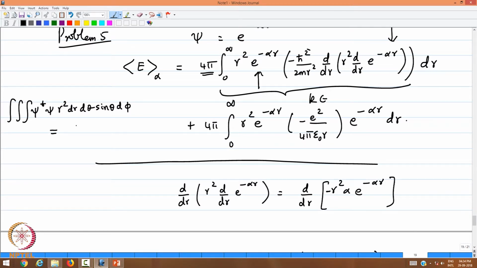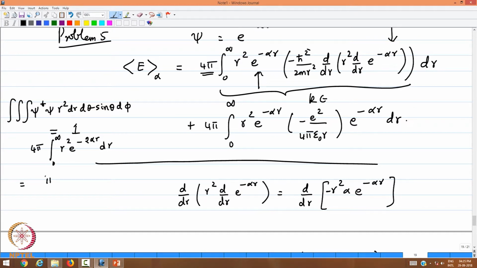This should be set equal to 1, and the answer to this will be 4 pi, that comes from the angular integration, and the integral is 0 to infinity r square e to the minus 2 alpha r dr, and that would give you, you remember, 2 factorial divided by 8 alpha cube.